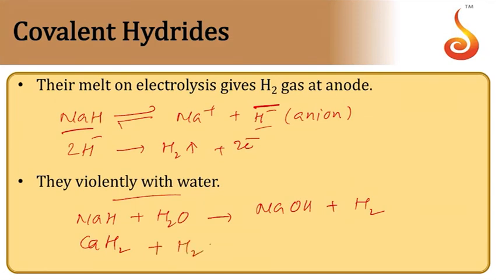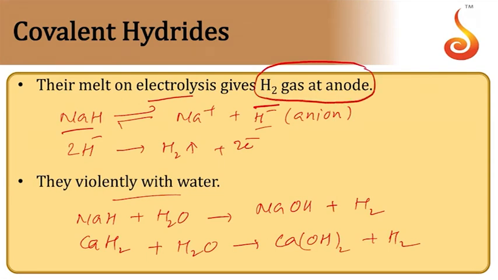On hydrolysis with water it forms calcium hydroxide plus H2 gas. So the melt on electrolysis forms H2 gas. The important thing is that H2 gas is formed at the anode, not at the cathode. They react violently with water. The commercially important compound CaH2, called hydrolith, will produce H2 gas upon dissolution in water.